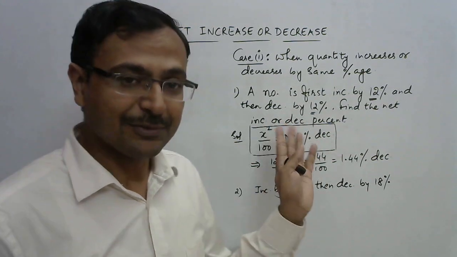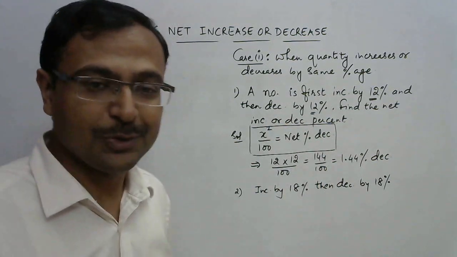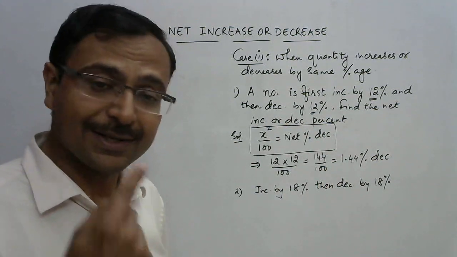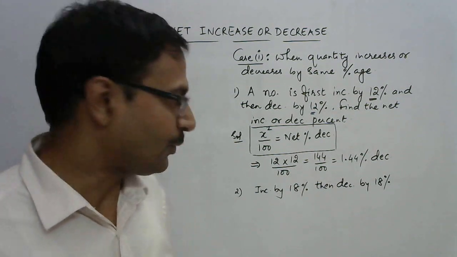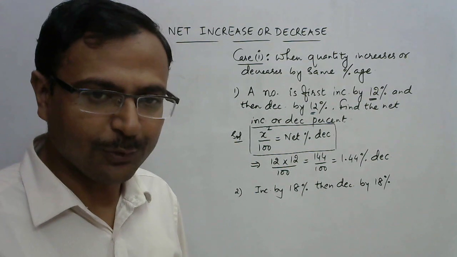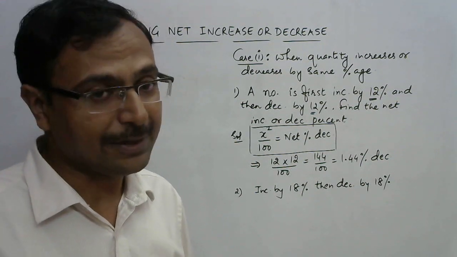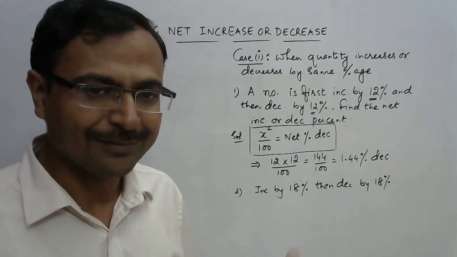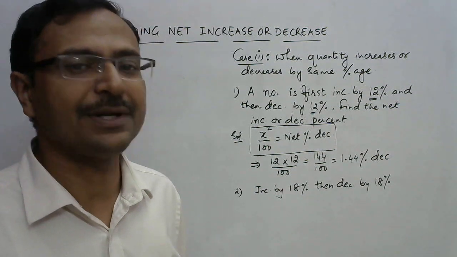Friends, those who are aware of this shortcut, they don't need to use pen and paper for this. They will mark the answer directly in the exam. Why? Because here x is 18, square of 18 is 324, and 324 divided by 100 is 3.24. So there is 3.24% decrease.